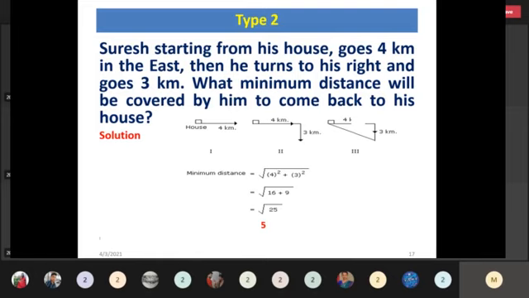So minimum distance is equal to the square root of the sum of the squares of the other sides, so 4 squared plus 3 squared. 16 plus 9 is equal to the square root of 25, which is equal to 5. So the minimum distance covered to come back to his house is 5 kilometers.